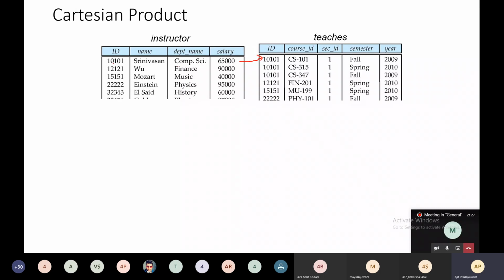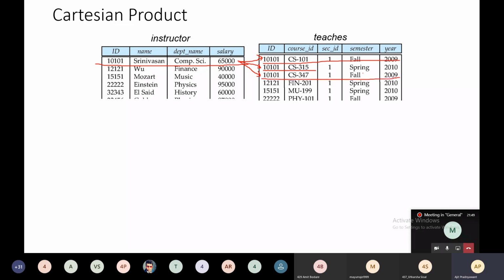So the first tuple is mapped with the first tuple in the teachers. It will again map to the next tuple in the teachers. It again maps to the third tuple in the teachers.